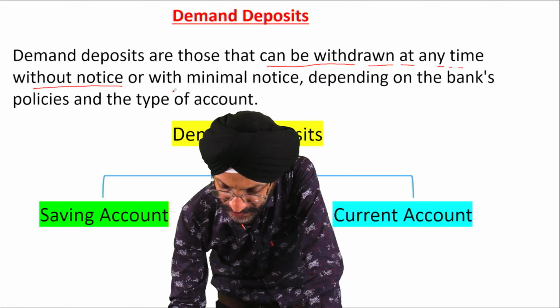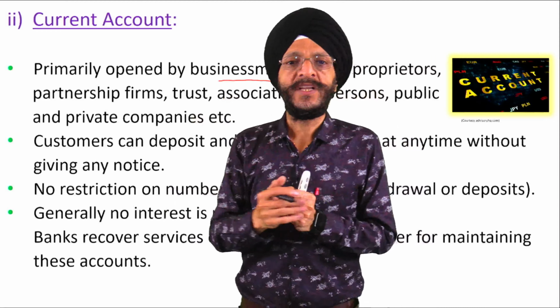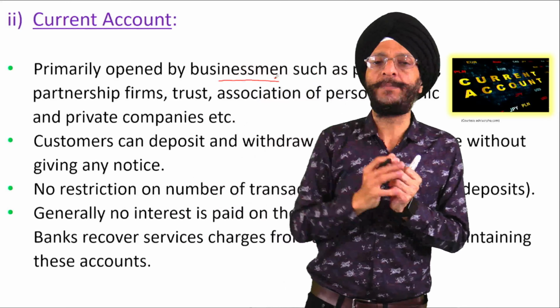Next is current account. Current account is primarily meant for businessmen. If we are a proprietor or a partnership firm, or we are running a trust, or there is an association of persons, or there is a public or private company, or big or small organizations, all these types of organizations or firms have to open a current account with the bank.